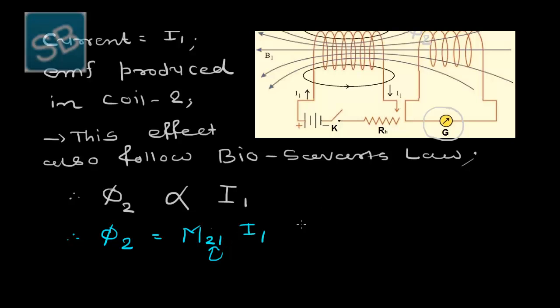Now, this is the correlation of magnetic flux. But if you remember, there is an induction of EMF also in coil number 2.